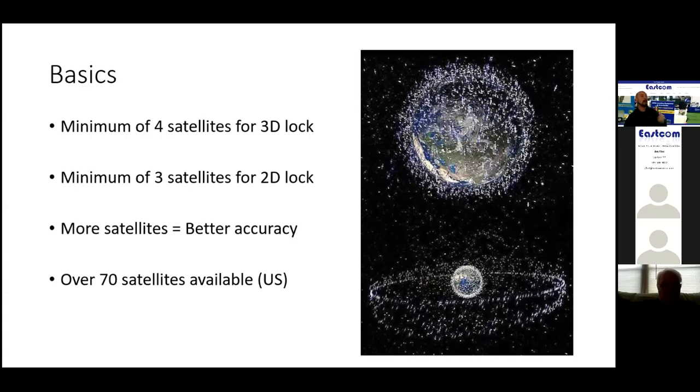Now, what we have right now, we have about 70 satellites available. So, again, the more satellites you have, the better the accuracy you're going to get. Now, let's think about the globe. We have 4 quadrants.